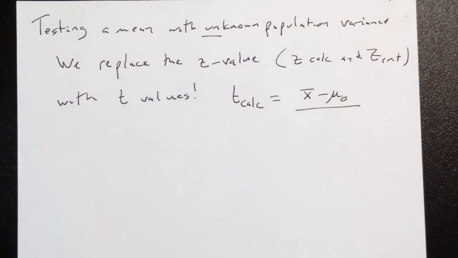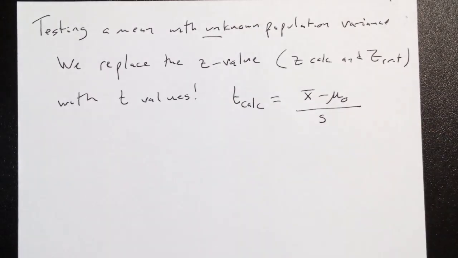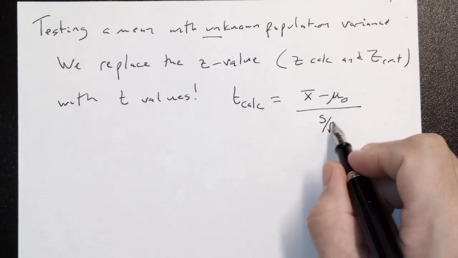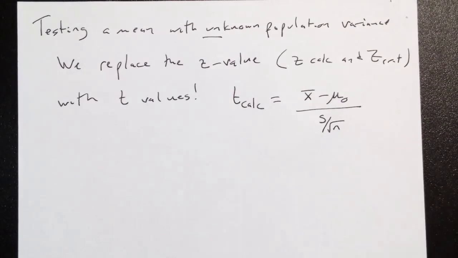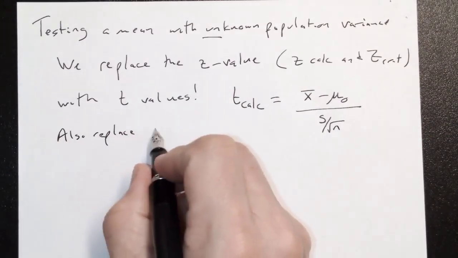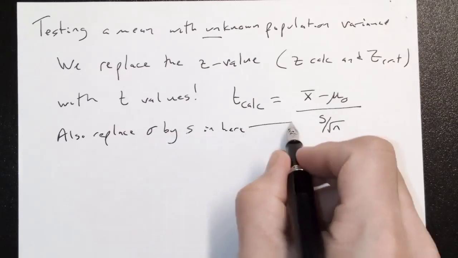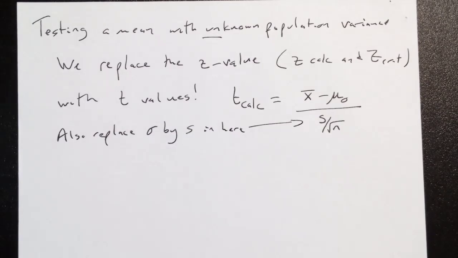But instead of using sigma, the standard deviation from the population, I use the standard deviation from the sample. And then I still take the standard error by dividing by the square root of the sample size.